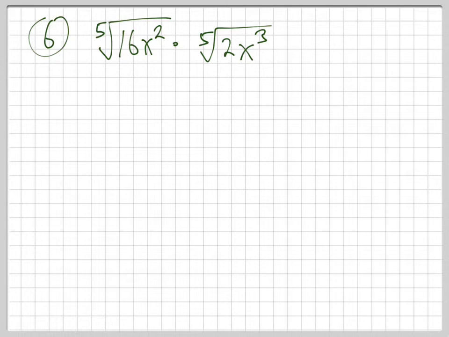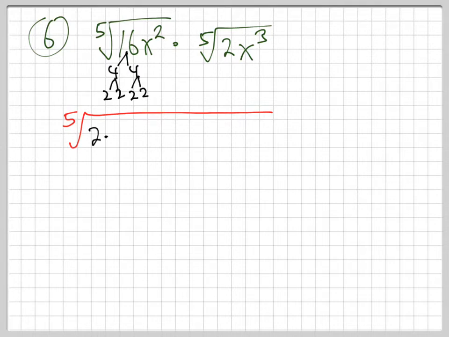All right, let's take a look. Breaking it all down, let's make it one big old 5th root. Break down that 16. It's 4 times 4, and each of those is 2 times 2. So we get 4 2s, and then the other one has a 2. So 5 2s.